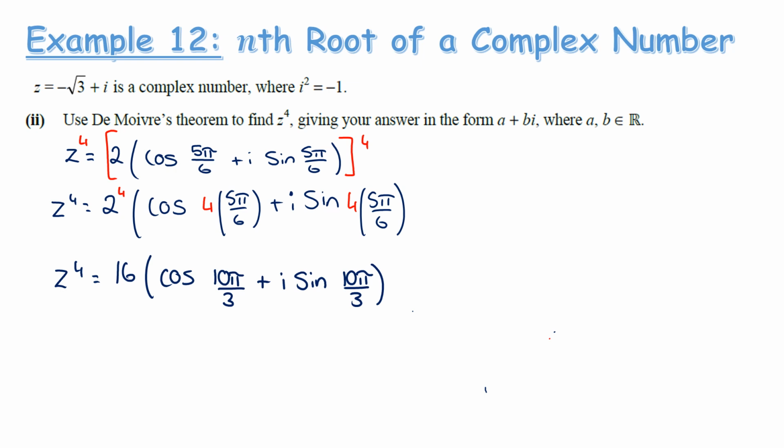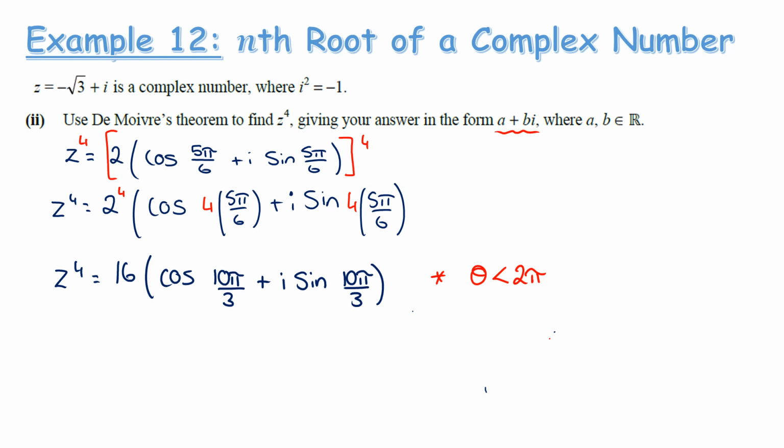Now it's important to note here that actually the angles are bigger than 2 pi, so you don't want theta any bigger than 2 pi, it should be less than 2 pi. Because we're going to bring it back to rectangular form, it's actually not going to make that much of a difference, but in another question it could.